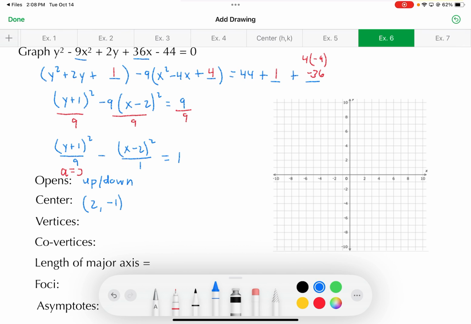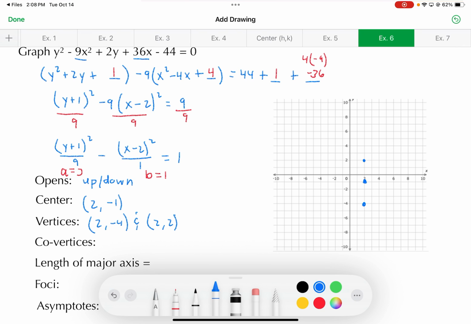Let me start plotting things here. So here's the center. We said we opened up or down, so we've got to go 3 up and 3 down. So that's going to give me 2, -4, and 2, 2. What's your b value? 1.